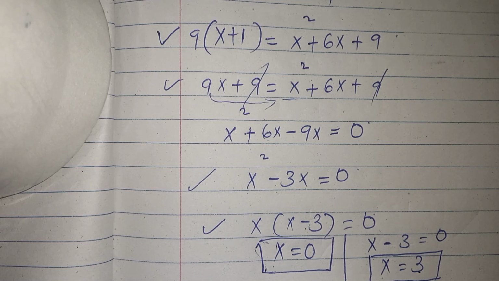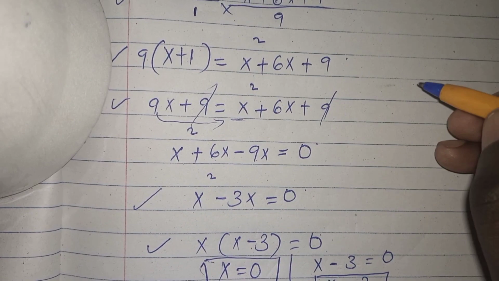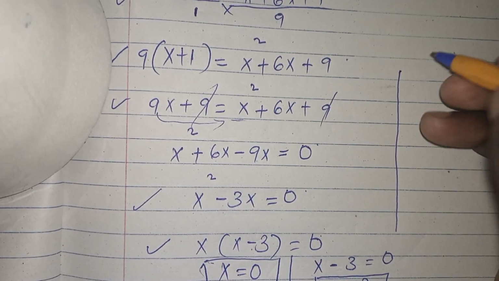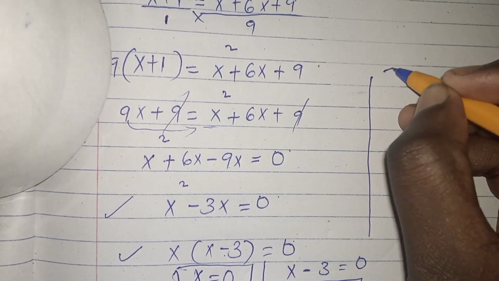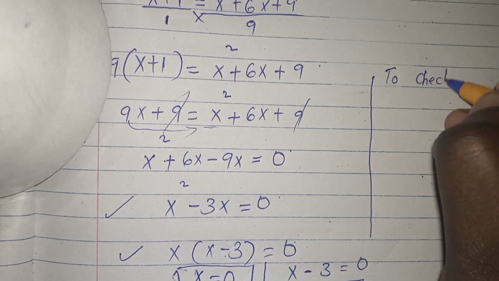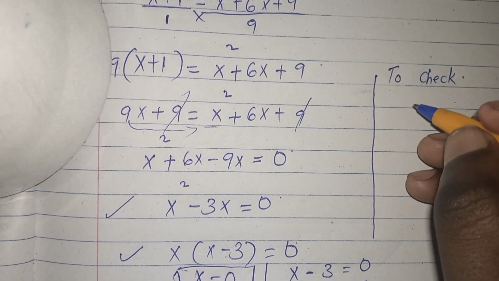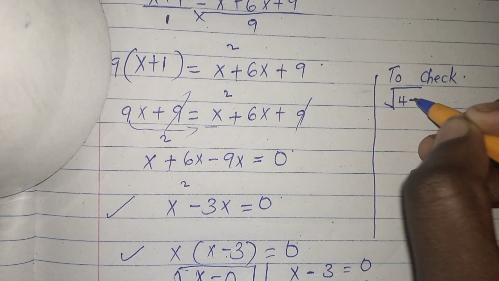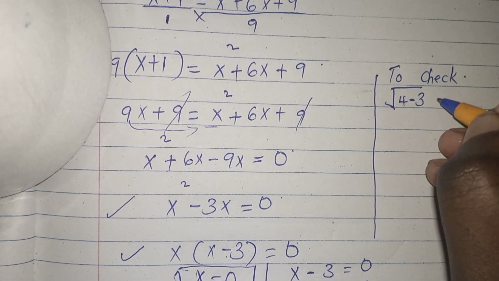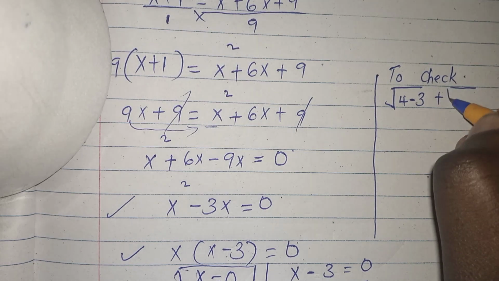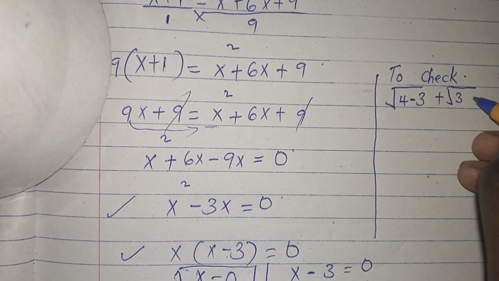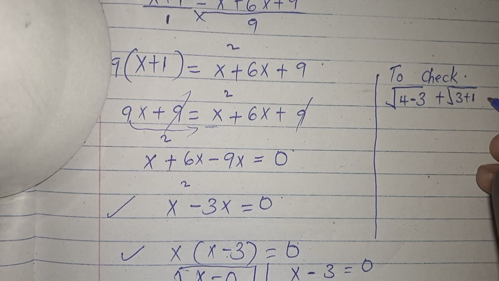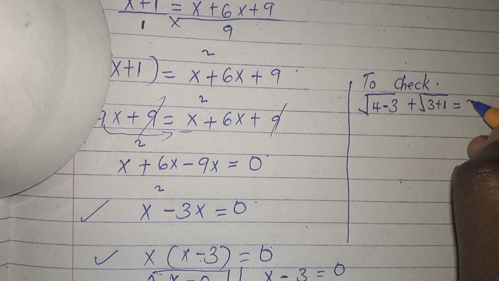So let us now check to confirm whether x is equal to 3 satisfies our given equation. So our initial equation is the square root of 4 minus x, which is 3, plus the square root of x, which is 3, plus 1, is equal to 3.